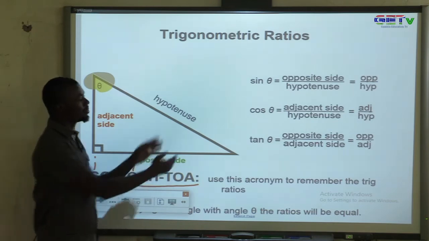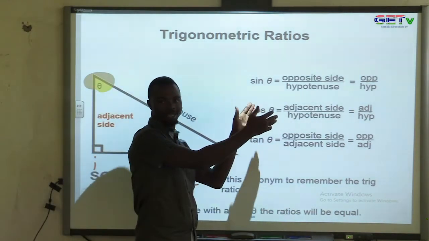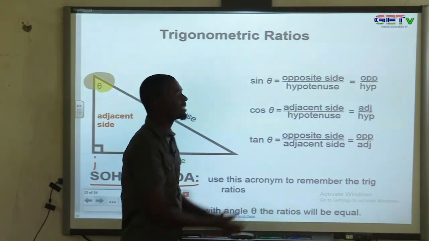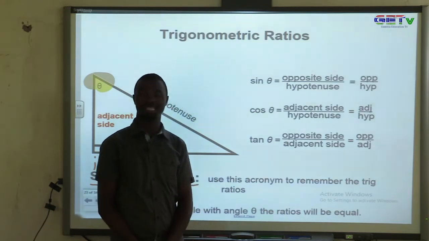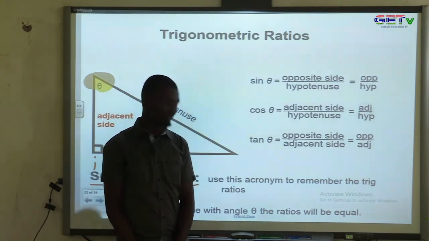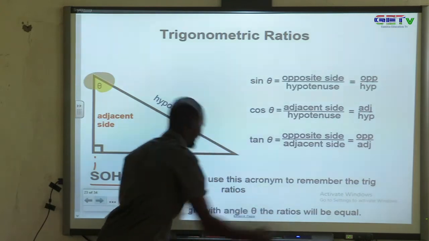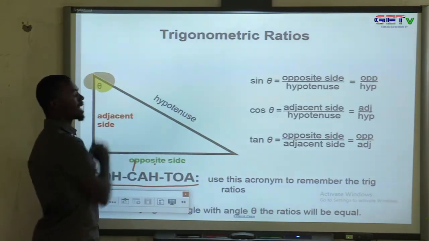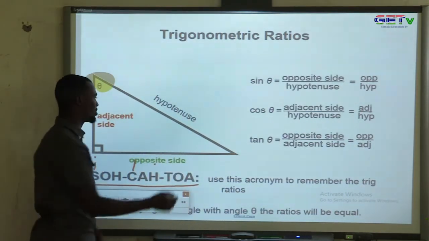Look at the labeling. You have sine theta equals opposite over hypotenuse. The hypotenuse is here, the longest side of the right angle triangle.